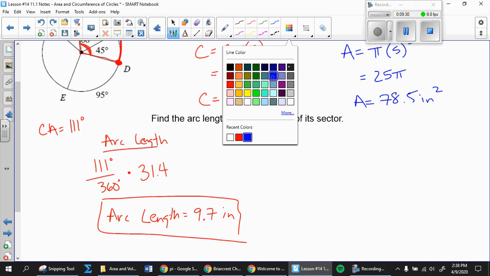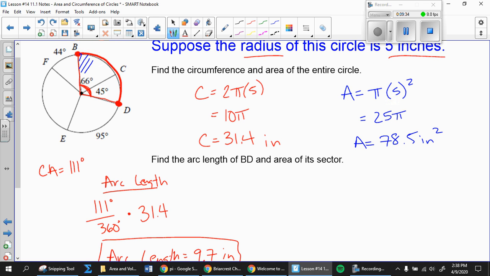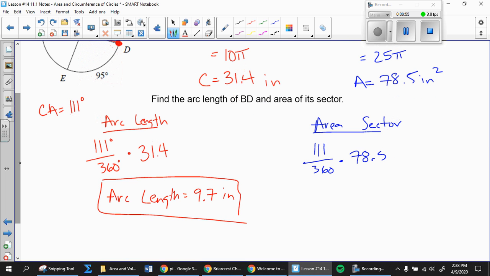Okay, same thing for area of the sector. Now we're looking for the area of this piece right here, and again, that's just a piece of the area. So for the area of the sector, we take our 111 over 360 and multiply that by the area of the entire circle, which is 78.5.